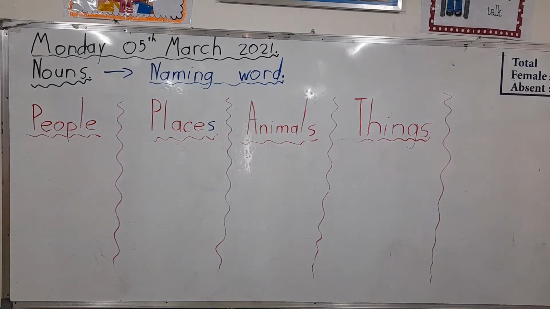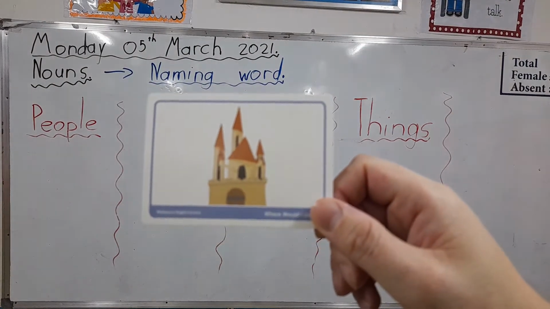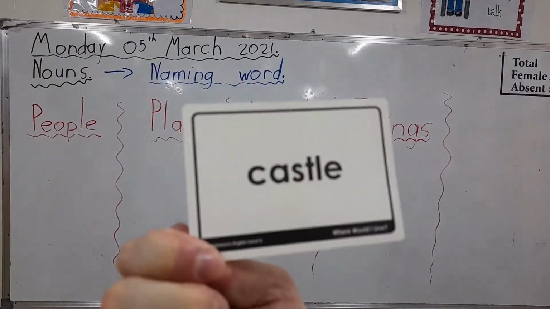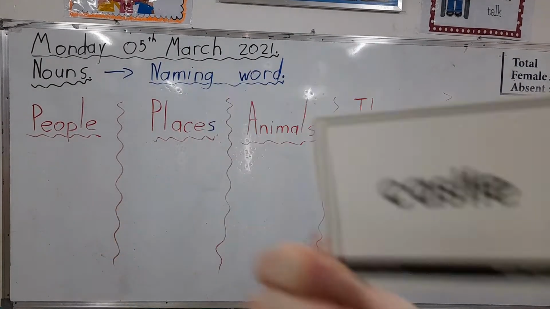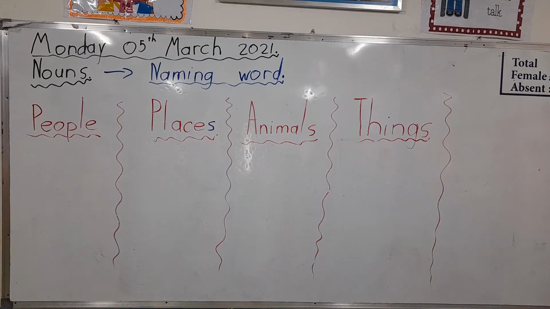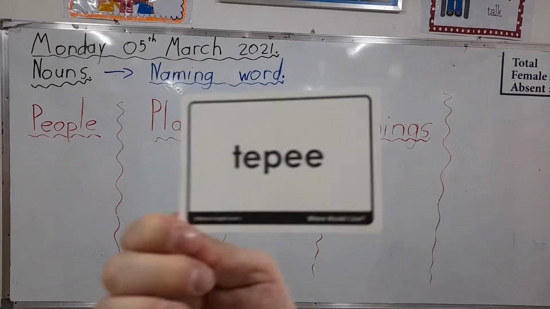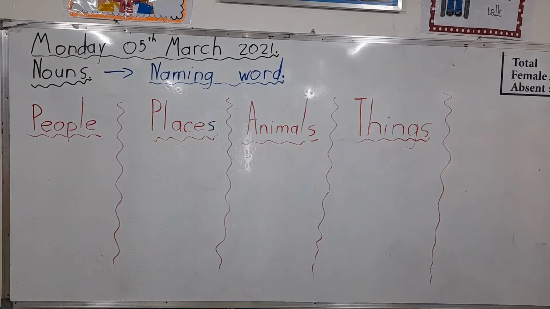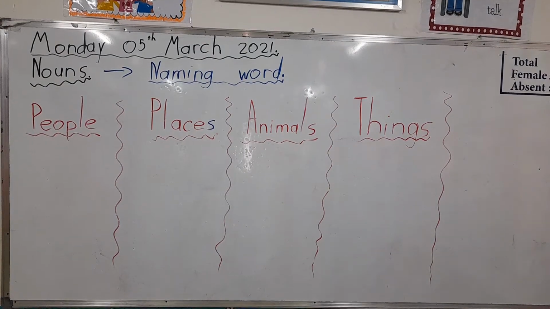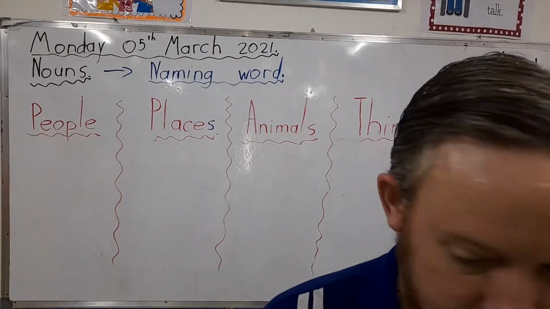Very good. Where do the king and the queen live? Castle. Very nice. And our last one is a type of tent. A teepee. Okay, so that's quite simple, boys and girls.